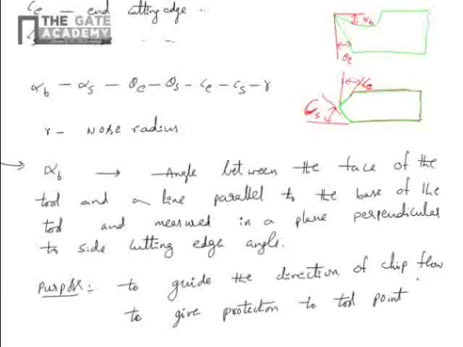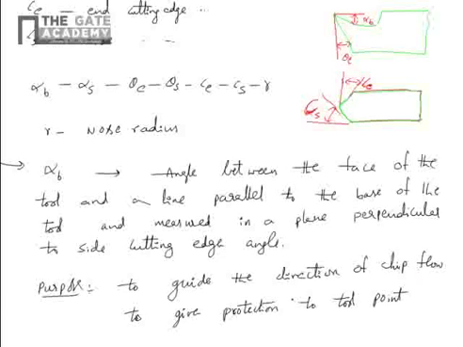In terms of performance, the angle can be either positive, negative or zero. You have to use a negative back rake angle for brittle materials, especially hard and brittle materials.